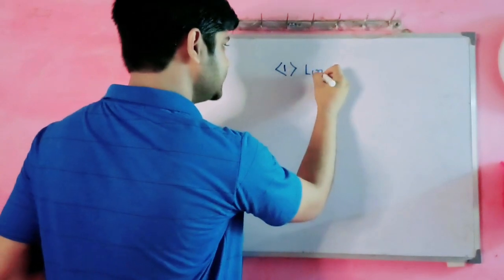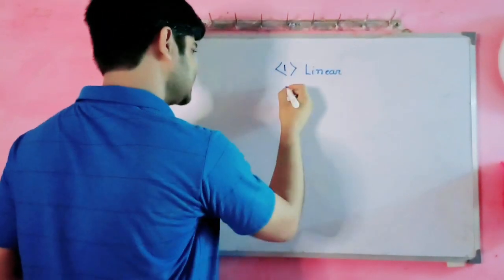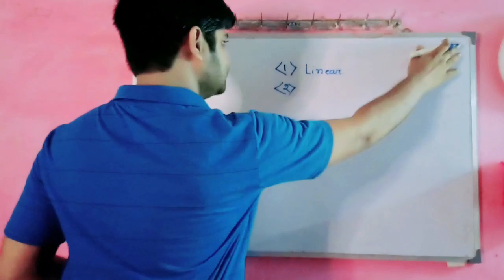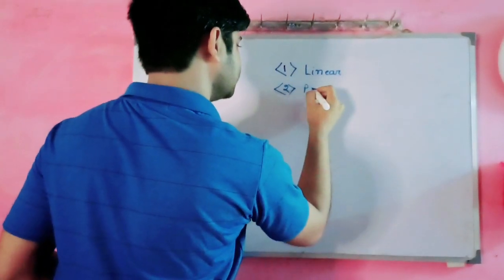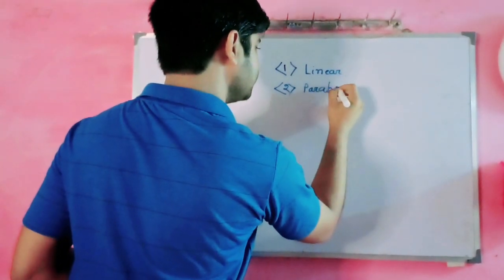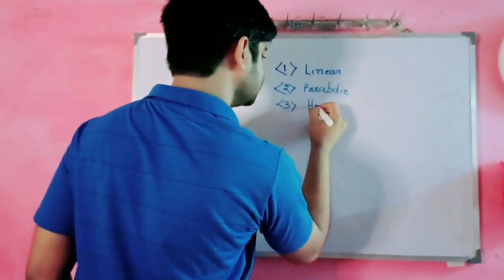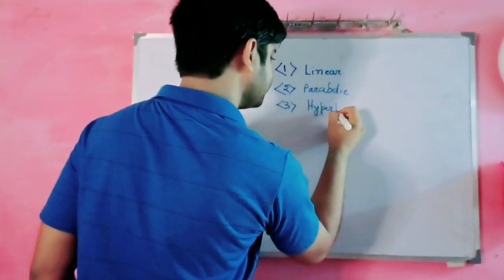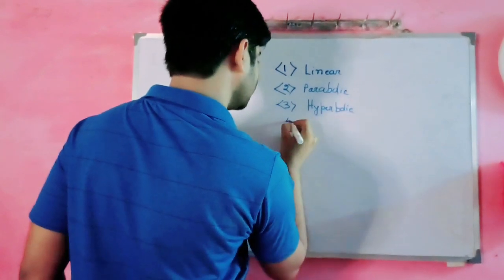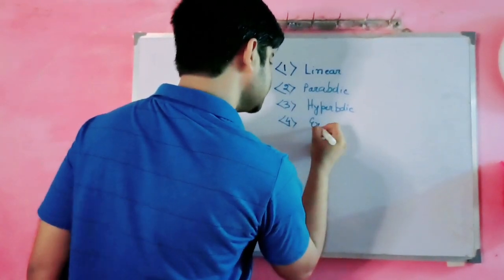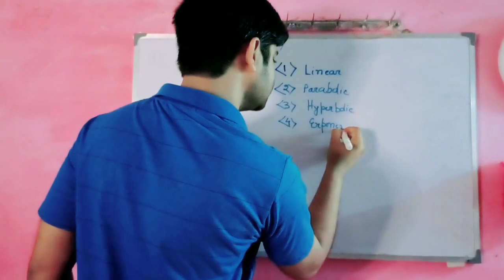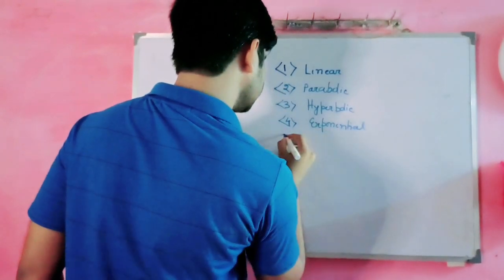First one is the linear graph or straight line graph. Second one is the parabolic graph. Third one, hyperbolic. Fourth one, exponential, which is very important.